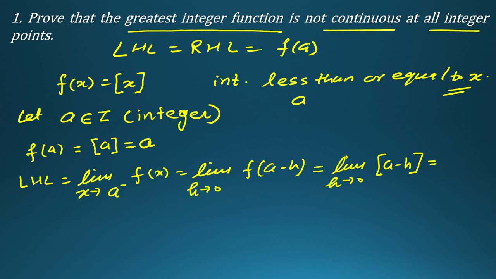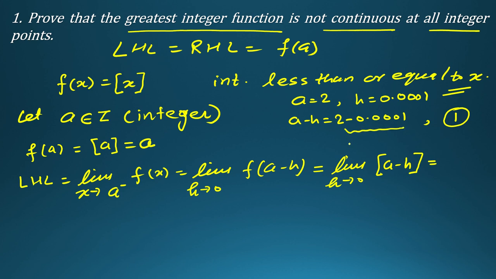For example, suppose a is equal to 2 and h is equal to 0.0001, then a minus h is 2 minus 0.0001. Its greatest integer will be 1, because it has to be less than that number, so definitely less than 2. So the greatest integer of a minus h will be a minus 1, the integer just before a.